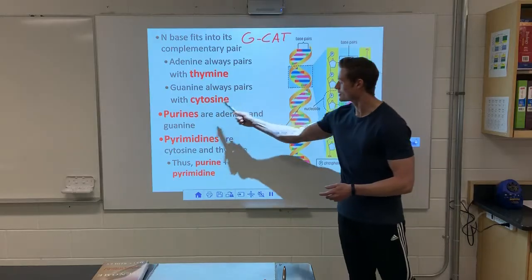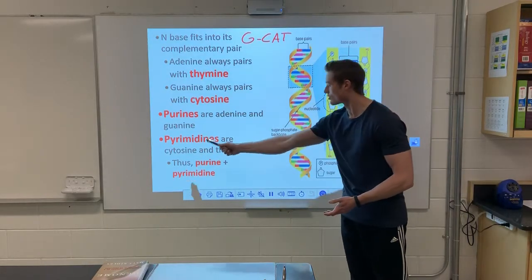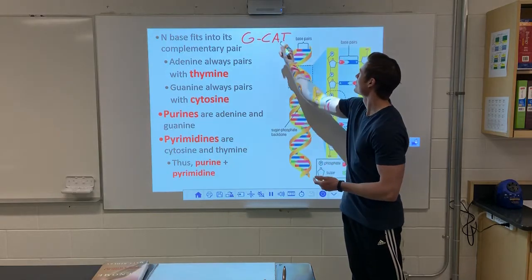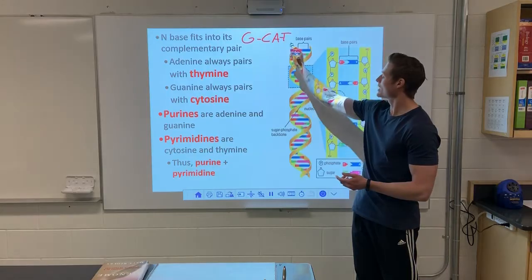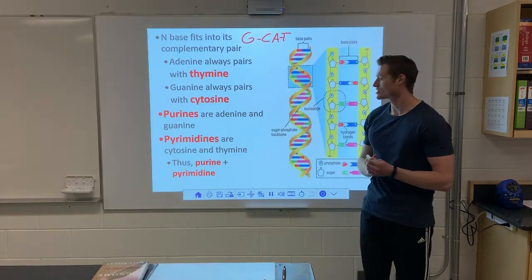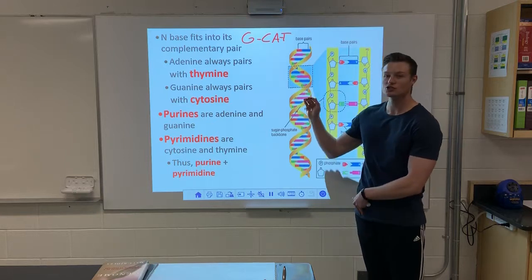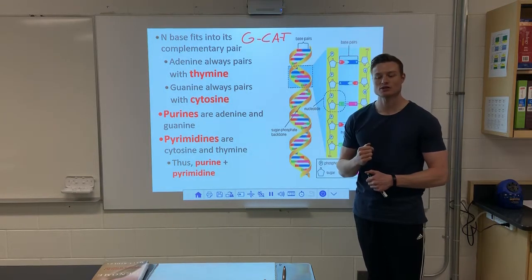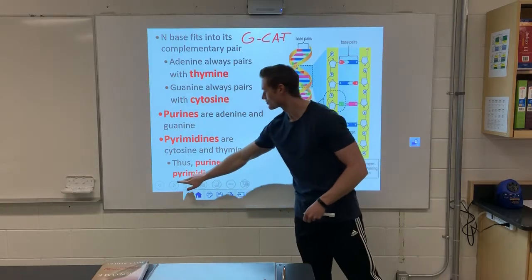So a purine, like guanine, will always pair with a pyrimidine, cytosine. And then adenine, which is also a purine, will bind with thymine, which is a pyrimidine. So those two will always stick together. If you see a G, there's a C attached to it on the other side. If you see a T, there's an A attached to it on the other side.